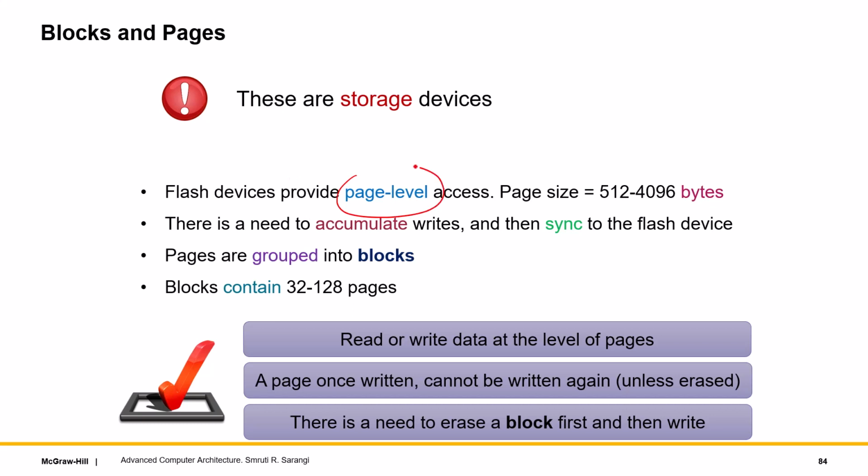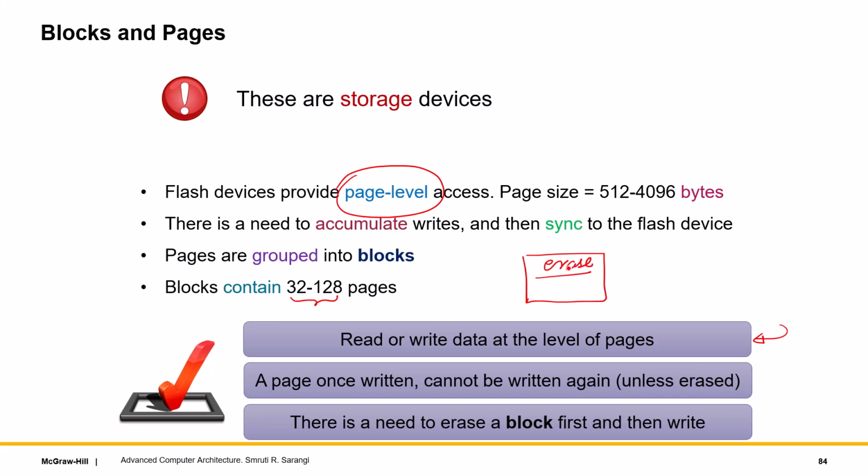Instead, you provide page level access. You definitely read at the level of pages. You also write, but there is a little bit of a catch with write, so we'll come to that later. But the first point, that you read and write data at the level of pages, is mostly true but not fully true, because for reads you do that, but for writes, as I said, you do something more. You group pages into blocks, where a block can contain 32 to 128 pages. You then first erase the entire block, which means converting everything to a logical one.